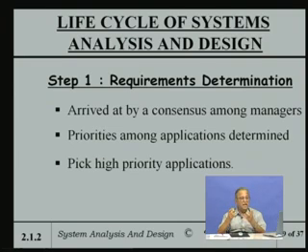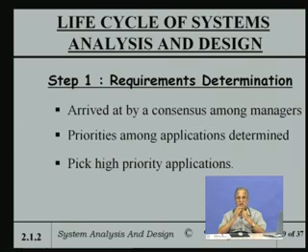So, requirement determination is arrived at by consensus among managers, and not only among managers, you also normally have in the loop the working people, the people who are actually going to use the system, and they are going to make or break the system, because they are the ones who are supposed to give you the data, and they are the ones who are supposed to effectively run the system and so on.